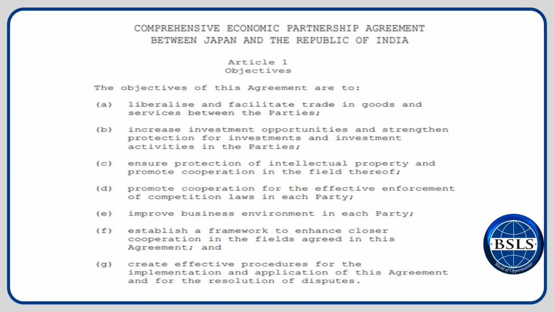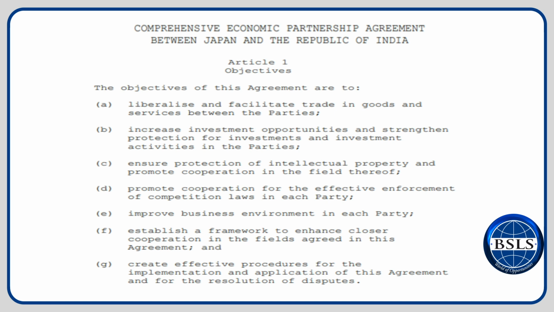The objectives of this trade agreement are to liberalize and facilitate trade in goods and services between the parties, increase investment opportunities, ensure protection of intellectual property and promote cooperation in the field thereof, promote cooperation for the effective enforcement of competition laws in each party, improve business environment in each party, establish a framework to enhance closer cooperation in the fields agreed in this agreement, create effective procedures for the implementation and application of this agreement and for the resolution of disputes.